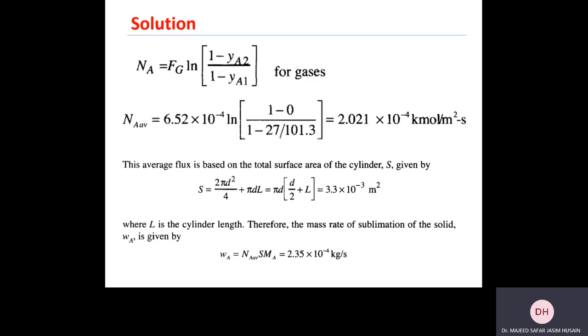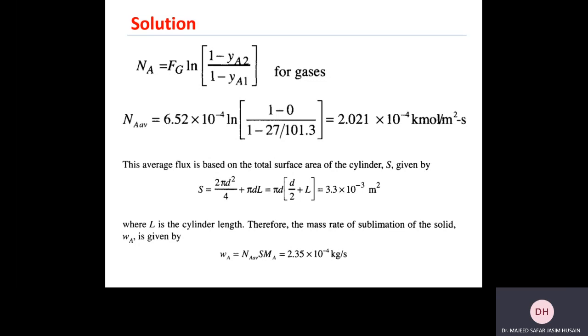That means two circles, up and down, and the pi dl. So pi d square over 4 plus pi dl plus pi d square over 4. Then you get the total surface area in meter square.